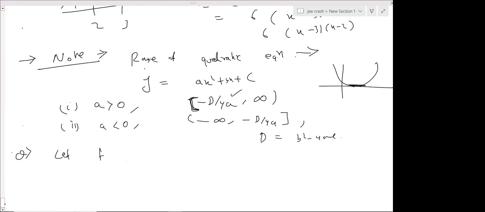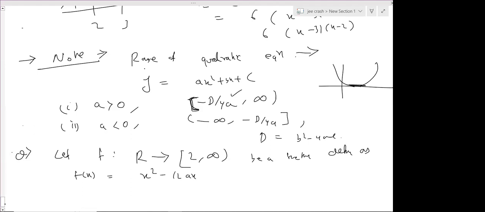Let f be a function from R to [2, infinity) defined as f of x equals x square minus 12ax plus 15 minus 2a plus 36a square.